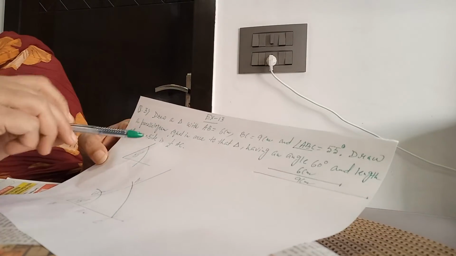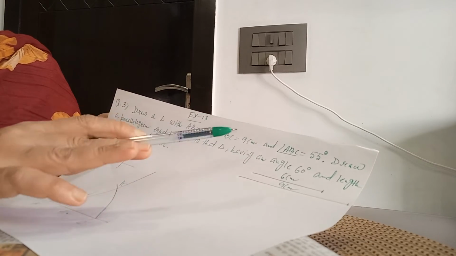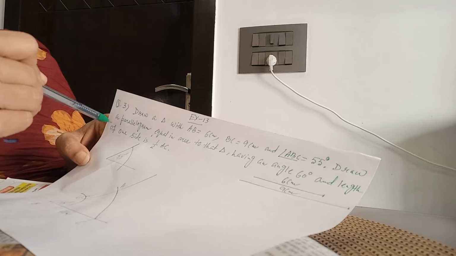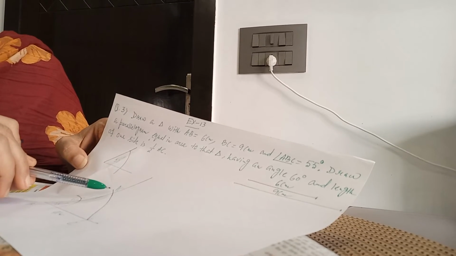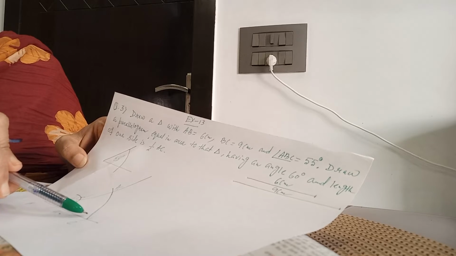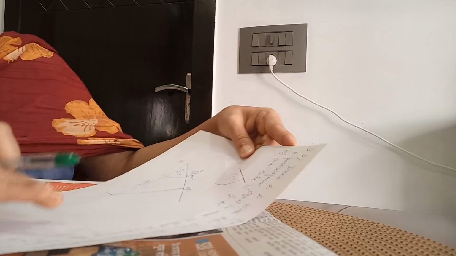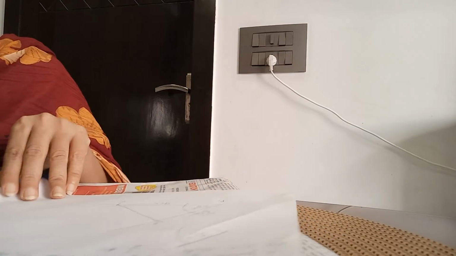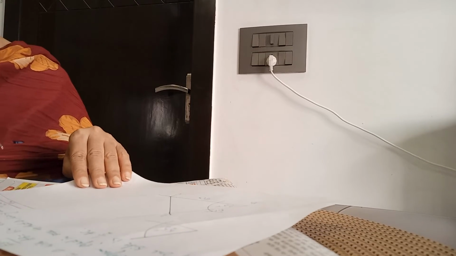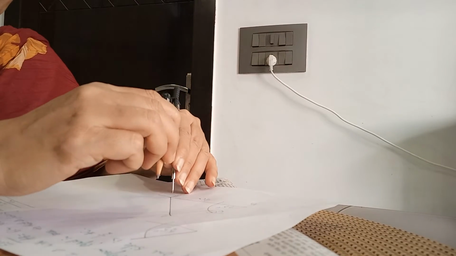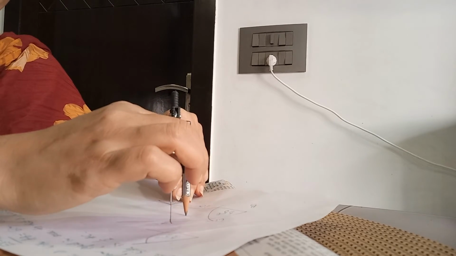Then you have to draw a parallelogram equal in area to that triangle having an angle 60 degree and length of one side half of AC. That means your parallelogram will be on this base AC. Clear? So you can turn your page this way. Then you have to bisect AC. You know how to bisect? Take more than half and bisect AC.